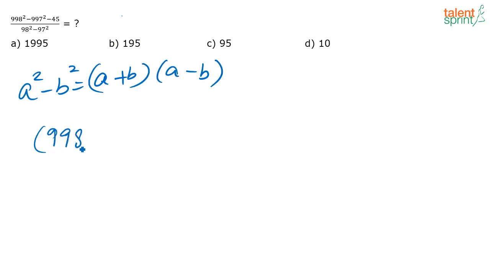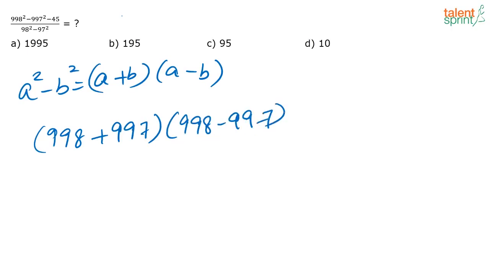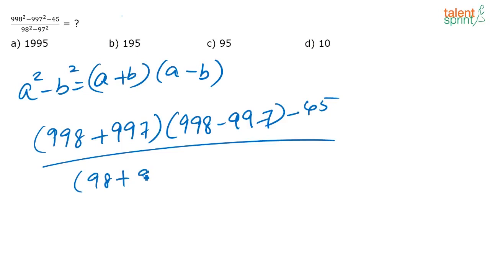So, you get 998 plus 997 into 998 minus 997. Actually, you needn't write it itself because this is equal to 1. Okay, minus 45 divided by, you have 98 plus 97 into 98 minus 97. That's how you split it.